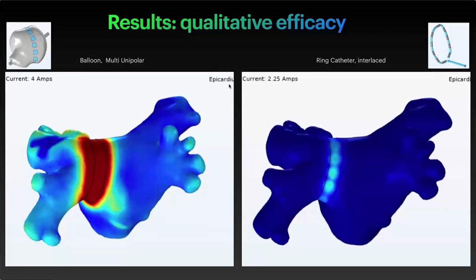And on the right, you have the ring catheter showing how a lot of current is required, because a lot of the current is going into the blood pool. So you need a lot, and you're also using the interlace system. Okay, we're going up to 10 amps here.